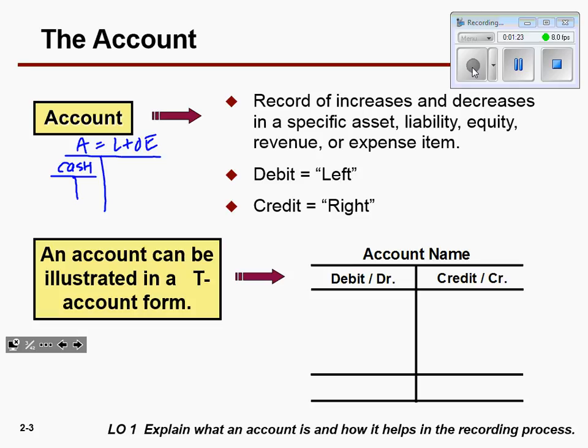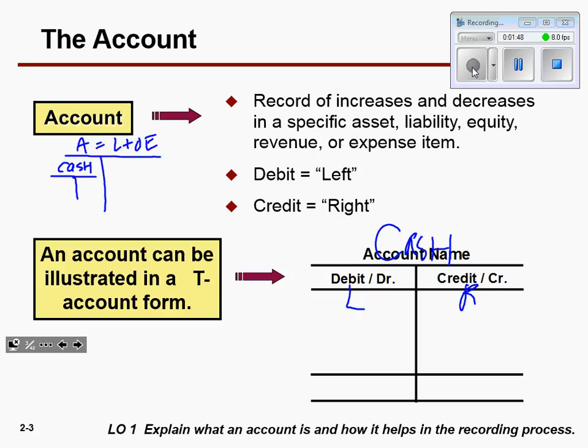Basically, an account records the increases and decreases of a specific asset, liability, equity, revenue, or expense. And all you need to know is that each account has a debit side and a credit side. So right here, instead of writing account name, I could put cash. On the left are the debits, and on the right are the credits.